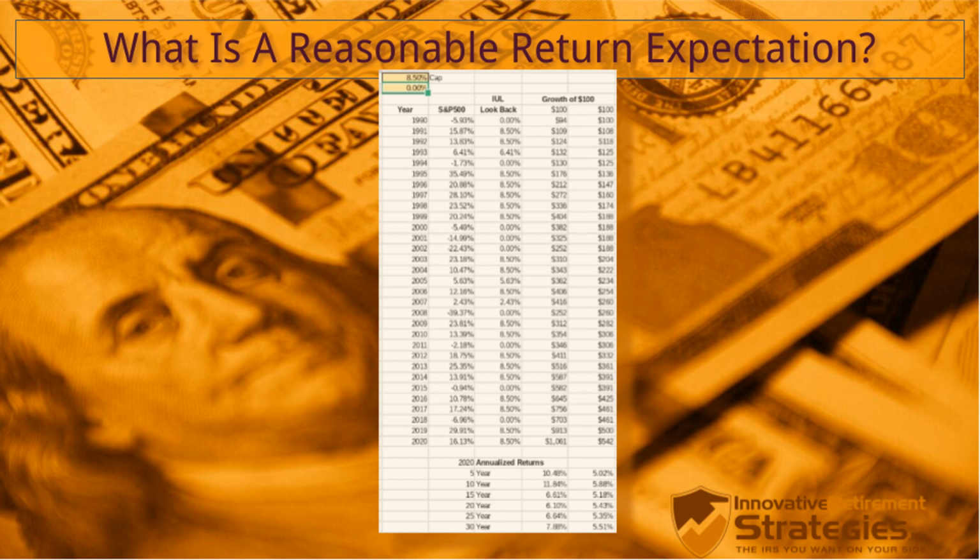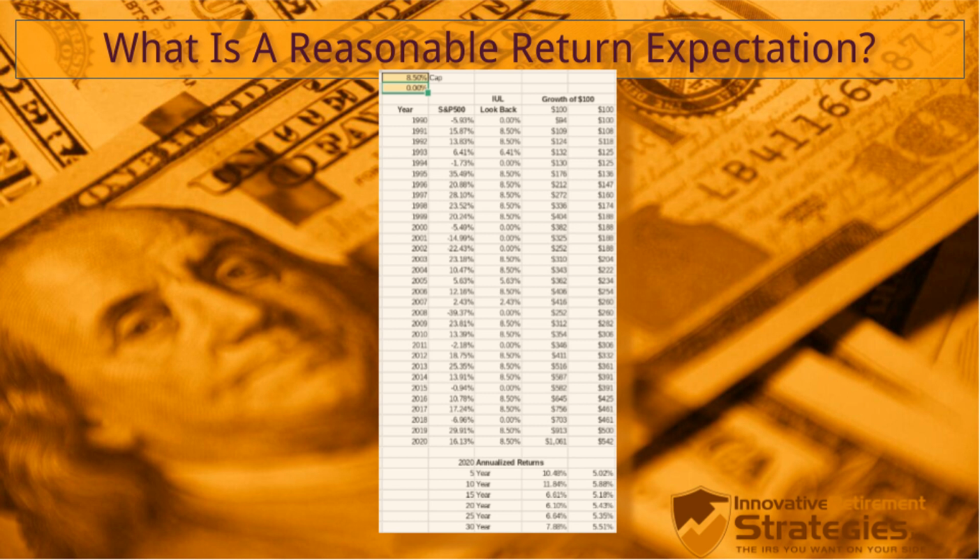Again, no dividends, just the change in the index, because that's how the options work. So to the right of that, I have IUL look back. So in the very upper left corner, I've got two values. 8.5% represents the current cap on Minnesota Life's IUL for the S&P 500 one-year point-to-point strategy, with a floor of 0.